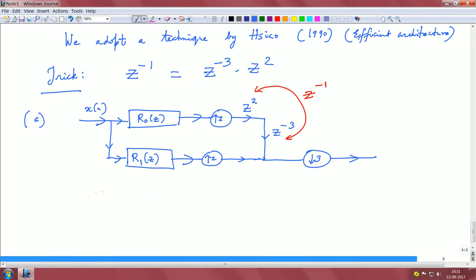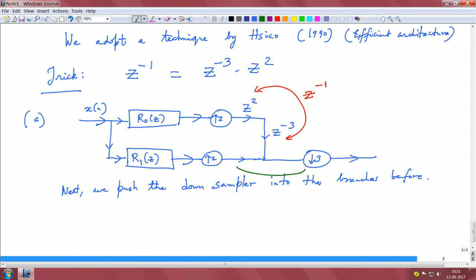Next what we do is we push the downsampler into the branches as before. So therefore, this would go in here as well as here.